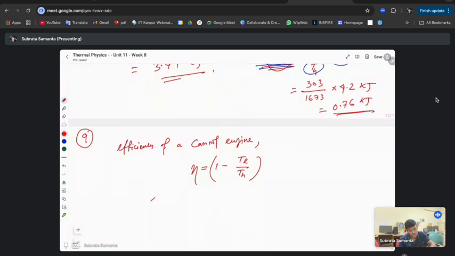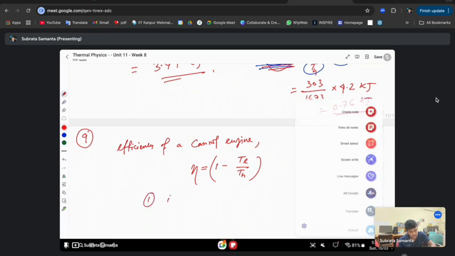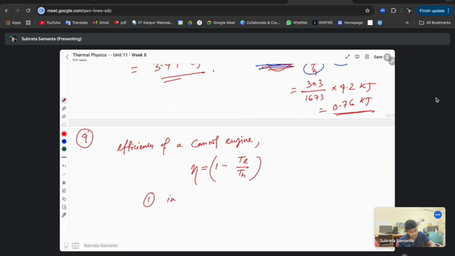So the first step is, let's see it this way: eta increases, that means TL over TH decreases. So if we increase the value of eta, we have to decrease the value of TL over TH, right?